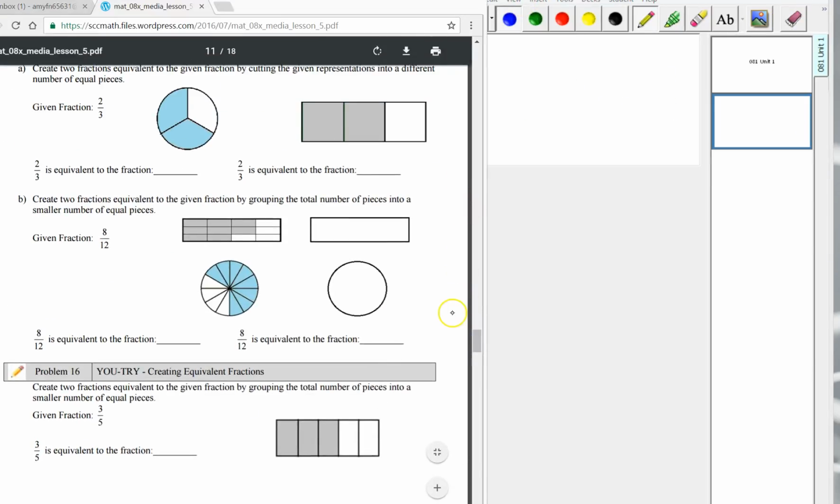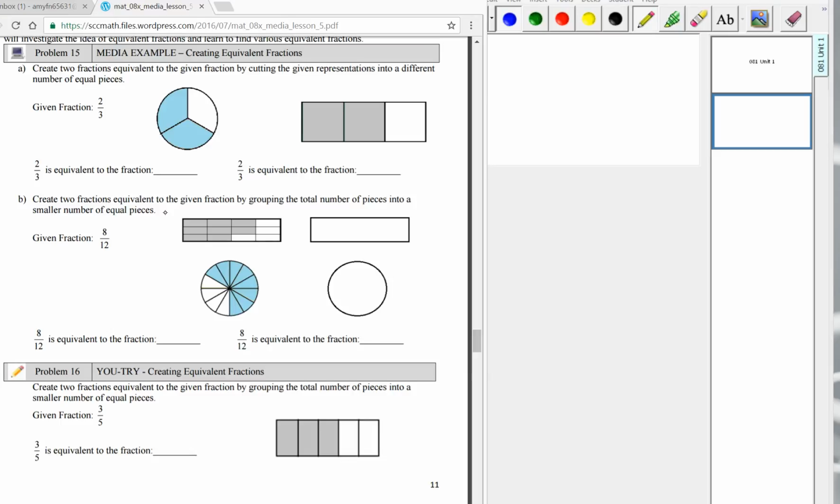Create 2 fractions equivalent to the given fraction by grouping the total number of pieces into a smaller number of equal pieces. So the problem here, or what they find difficult, and you can imagine this, is in real life when you cut something into pieces, you can't really uncut it. Yeah, you could glue it back together.